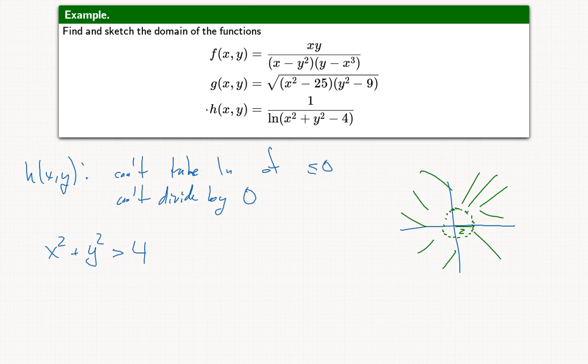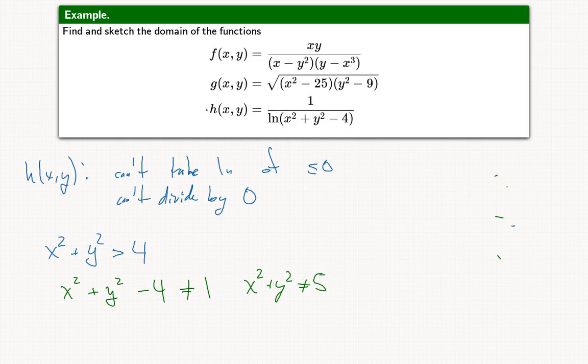And then we also are not allowed to have x squared plus y squared minus 4 equal 1, or else ln of that is 0, and then we would be dividing by 0. So x squared plus y squared also cannot be equal to 5. So you redraw this. I'll draw in red everything that's not in the domain.